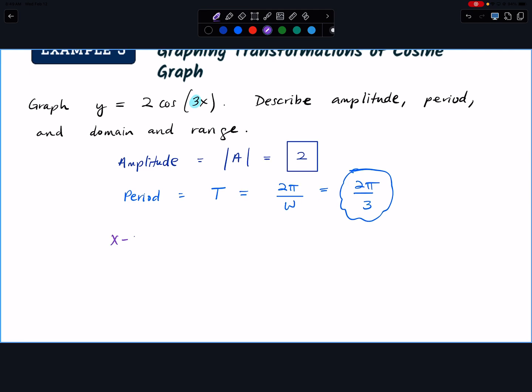Now to find our scale, because the period changed, we need to take this number and divide it by 4. Because if we divide it by 4, then we'll have equal width between each of our x values on our graph. So we're going to take our period and divide it by 4. So 2 pi over 3 divided by 4.